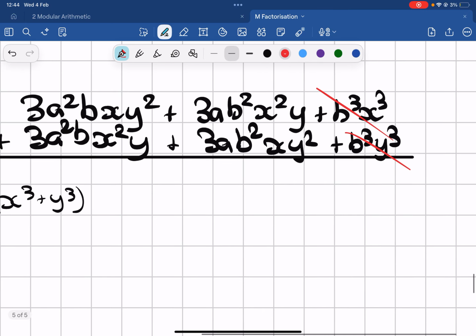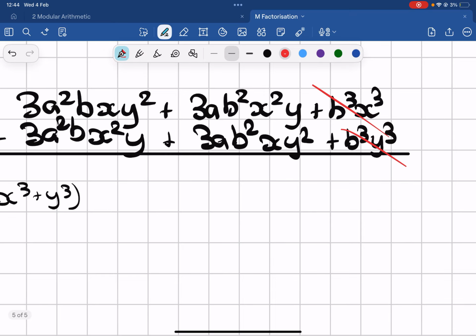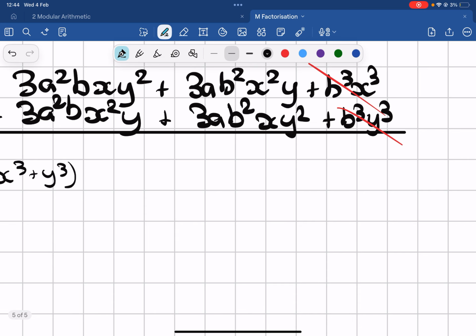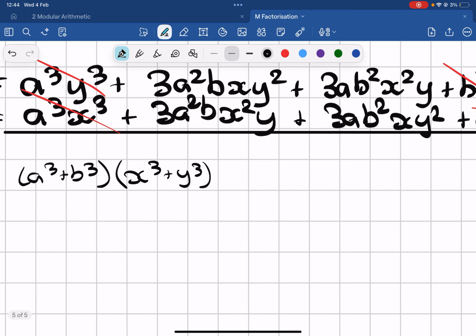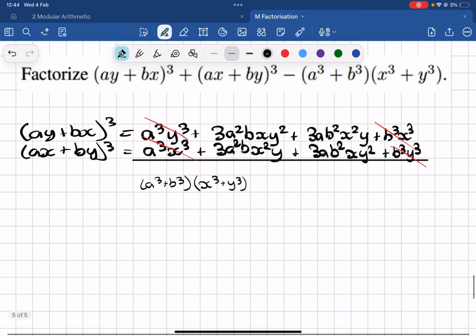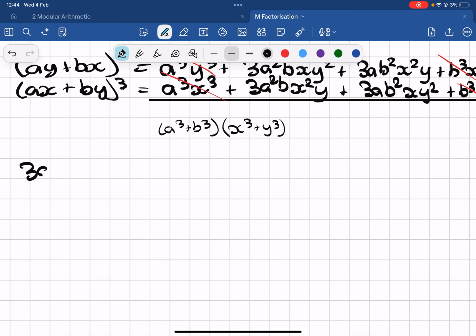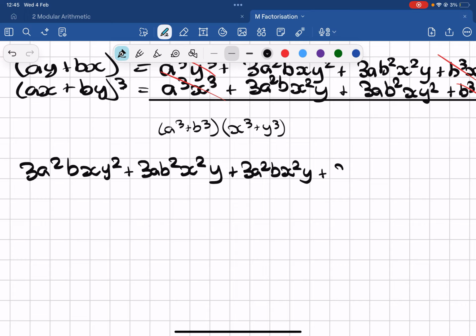Now this looks quite menacing, but I think it's one of those ones when you factorize you get a pretty nice result. So you've got 3a squared b x y squared. Just quickly write these out again like we did with the first few terms: 3a squared b x y squared plus 3ab squared x squared y, and then 3a squared b x squared y plus 3ab squared x y squared.